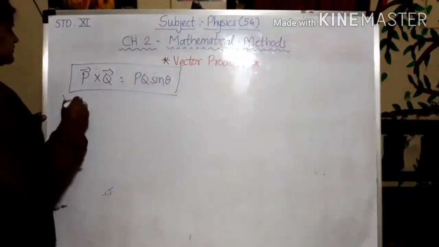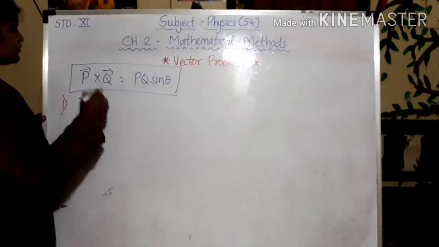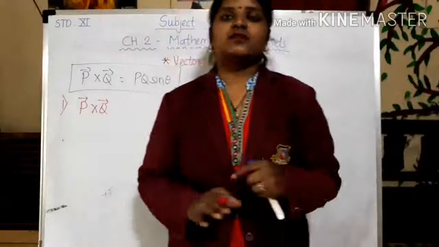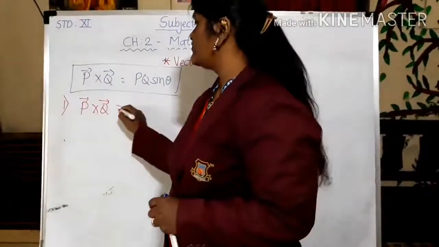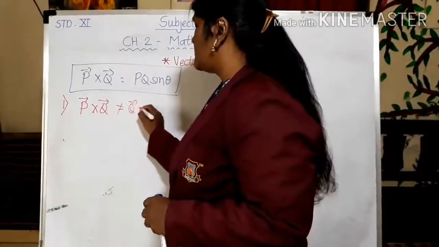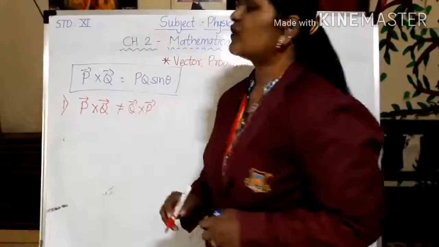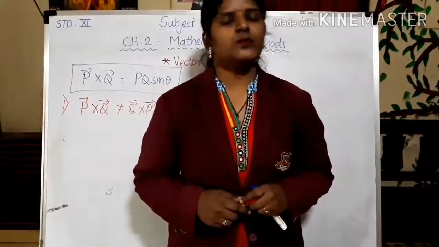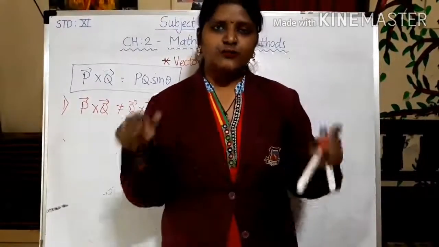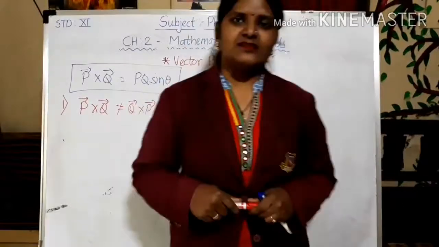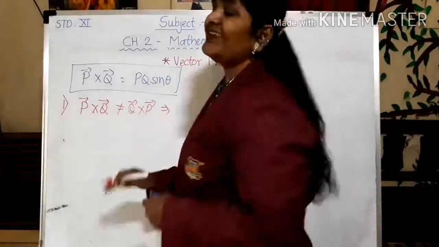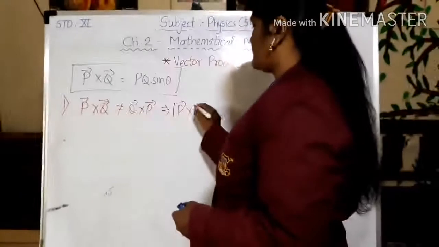if we say p bar cross q bar is the one, it is not at all equal to q bar cross p bar, because it doesn't obey the commutative law. But if you put a mod to both of them, then I can say that these both are equal.